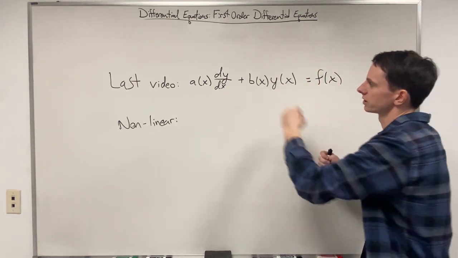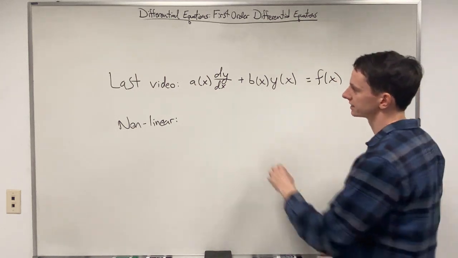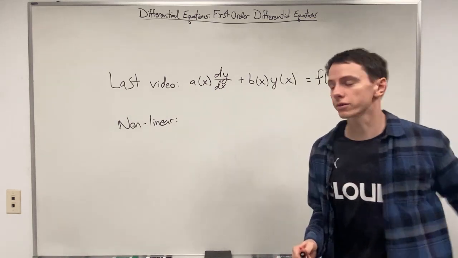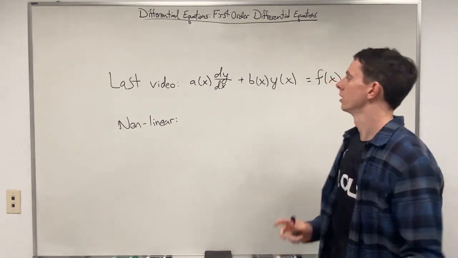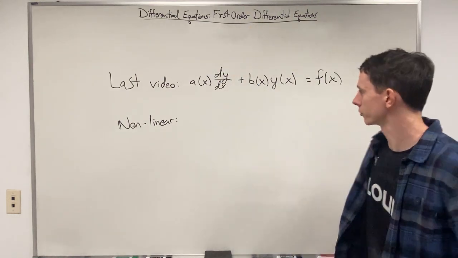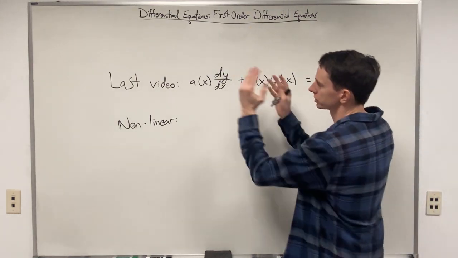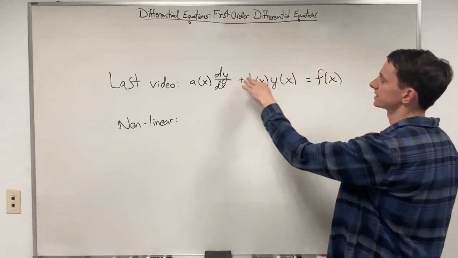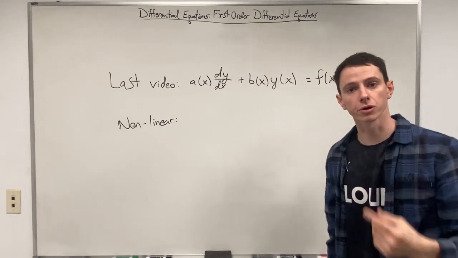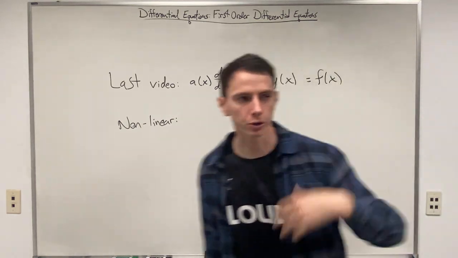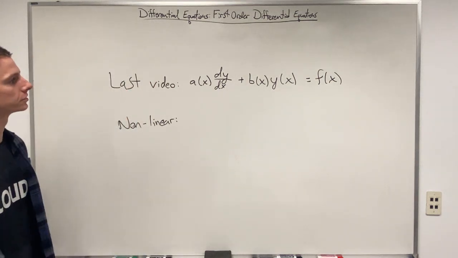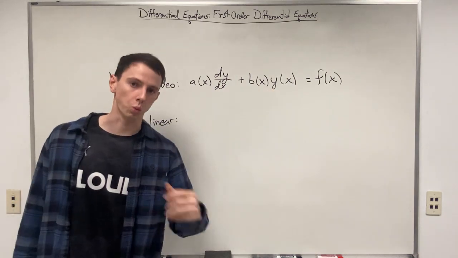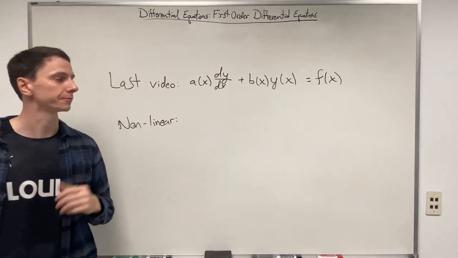And when I'm saying something times the first derivative, I want to emphasize that it's something times just the first derivative by itself, rather than the first derivative squared, the first derivative raised to the 12th power, or the sine of the first derivative, or anything along those lines. We purely have just the first derivative. So the fact that we have just one single power of that, plus something times just one single power of y of x, rather than y squared, y cubed, square root of y, whatever it is. The fact that we have that structure in the dy dx term and the y of x term is what inherently makes the equation linear.